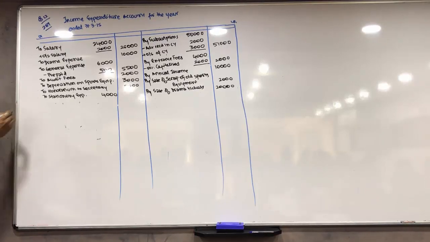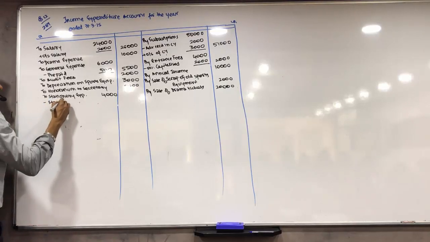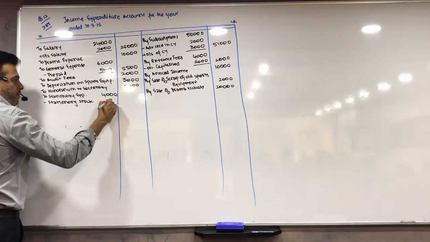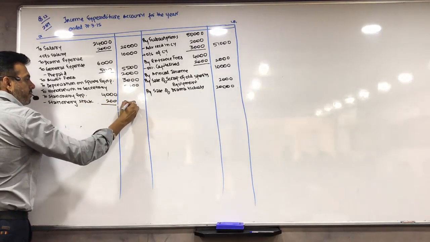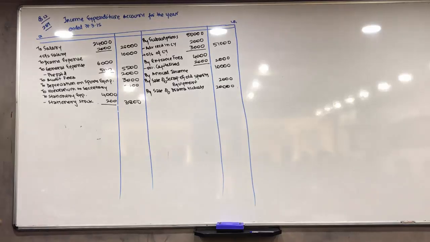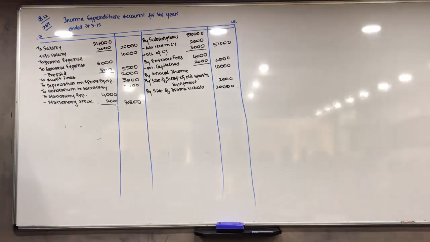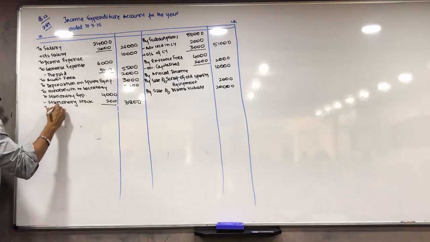Stationery stock, so minus stationery stock 200, 3,800. Where will the second effect come? Balance sheet, asset. We'll do it then. Annual function expense 8,000.